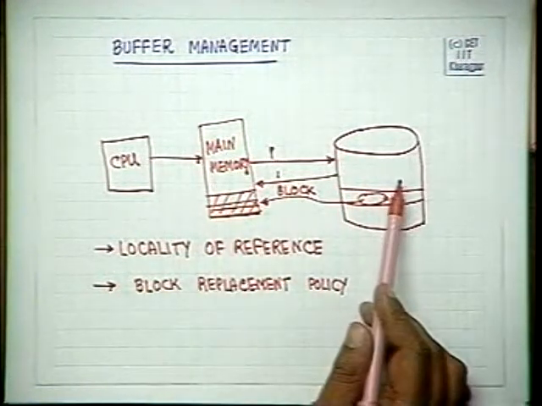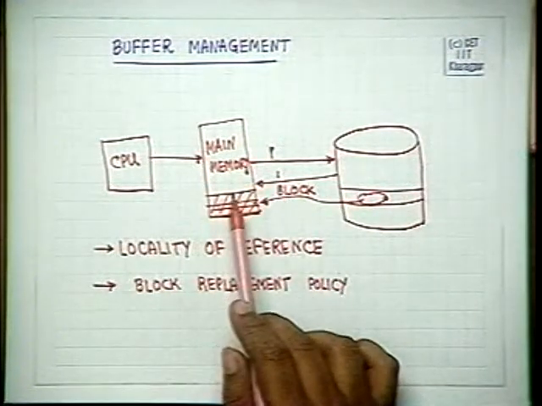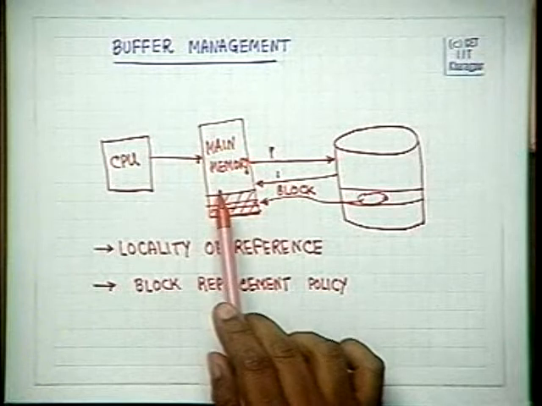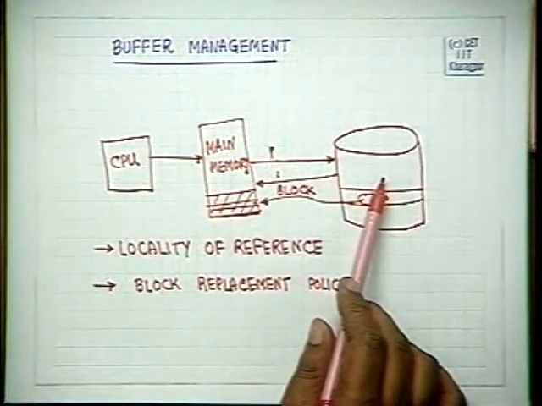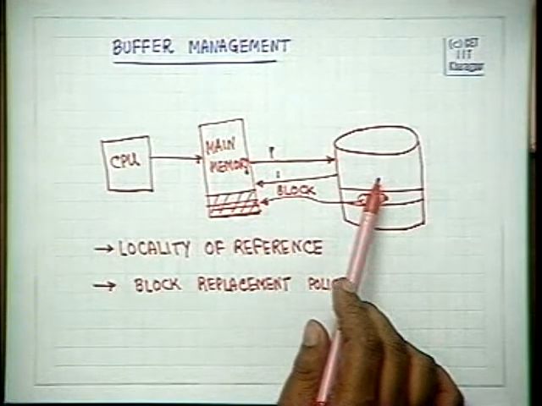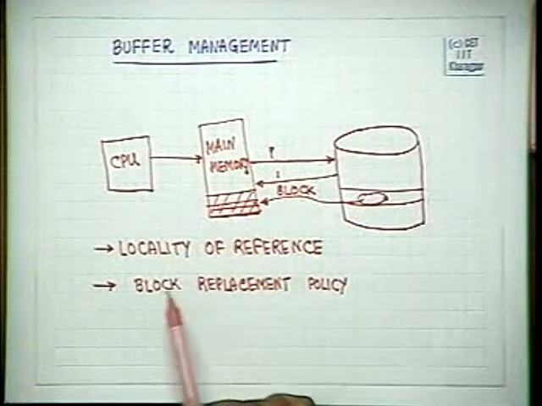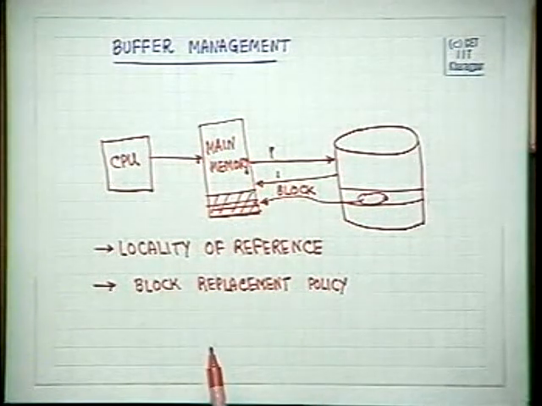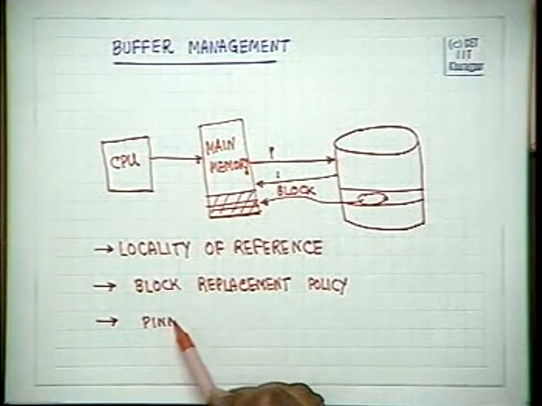Nothing has to be done, because whatever was there in the secondary storage, you have just brought it and read some information, you have not written anything. But if you have written anything here, then you have to make sure you copy it back, and then you bring another one here. So, this concept of block replacement policy is very important, and you have to take care of the pinned and the unpinned records.